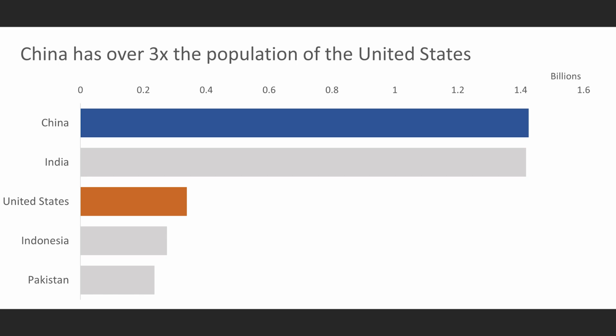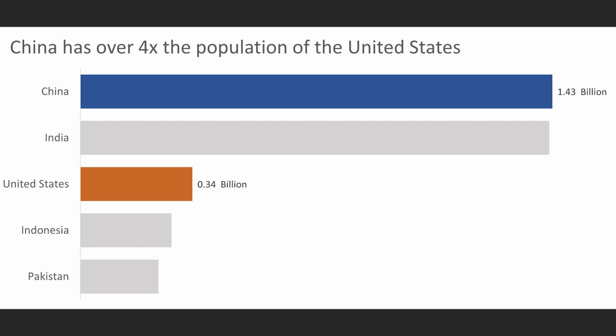Things like grid lines and the border of our chart are not necessary. They're not providing any new data, so we can remove those. And what we're left with is a graph that has the data that we need, but uses a low amount of overall ink.